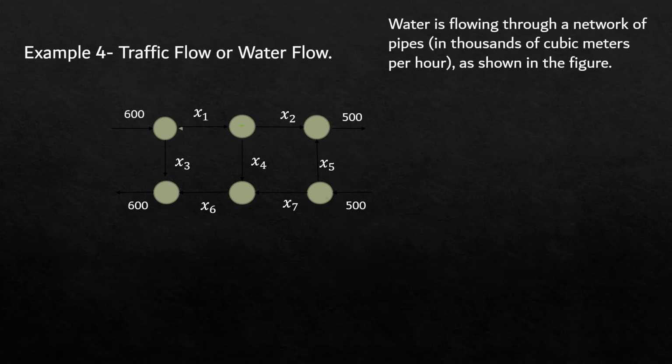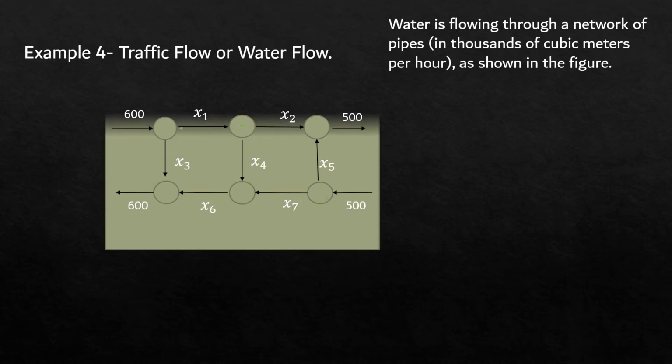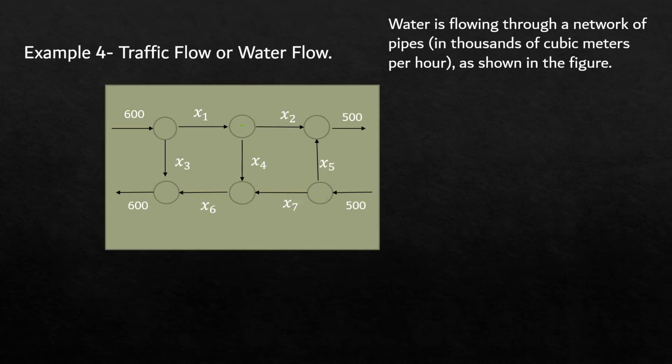Example 4 is for traffic flow or water flow. The water is flowing through a network of pipes as shown in this diagram. We have a network with unknowns x1, x2, x3, x4, x5, x6, and x7.